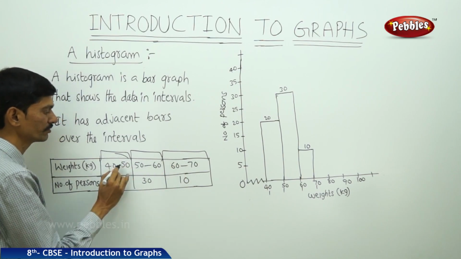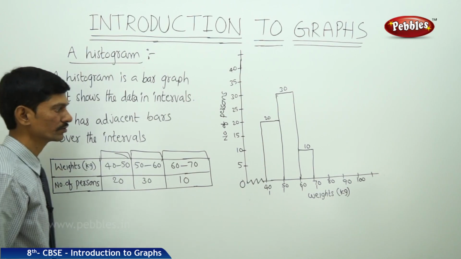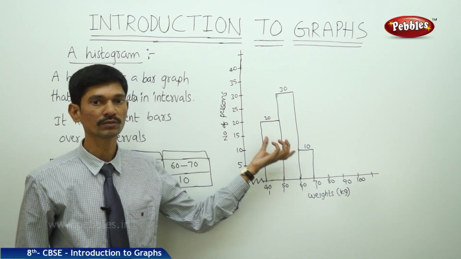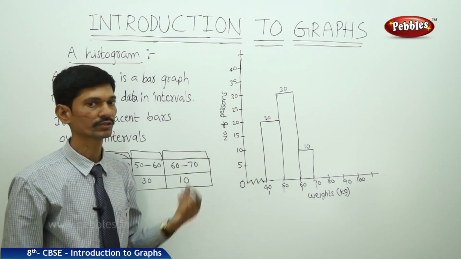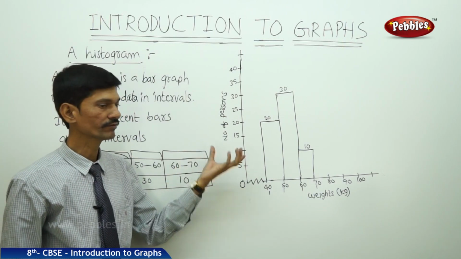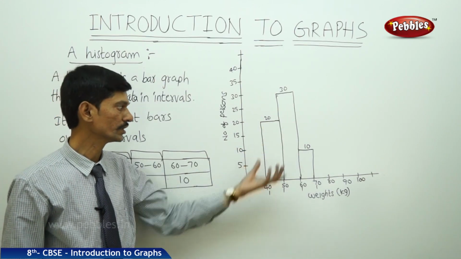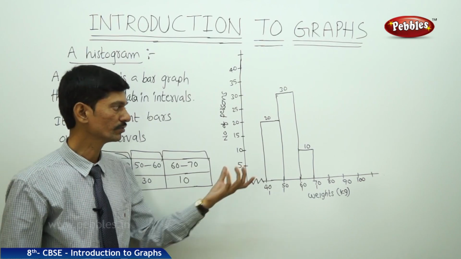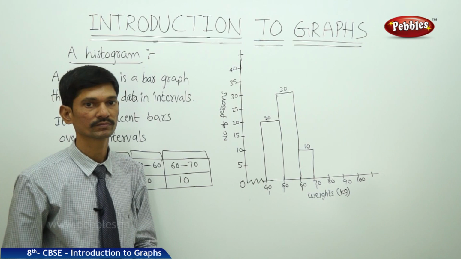So in the rectangles also there is no gap. This is the difference between a bar graph and a histogram. In a bar graph, there is an equal gap between any two consecutive rectangles, but there is no gap between any two consecutive rectangles in the histogram.